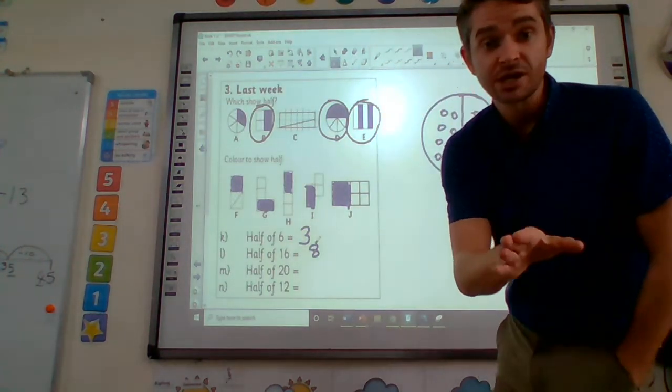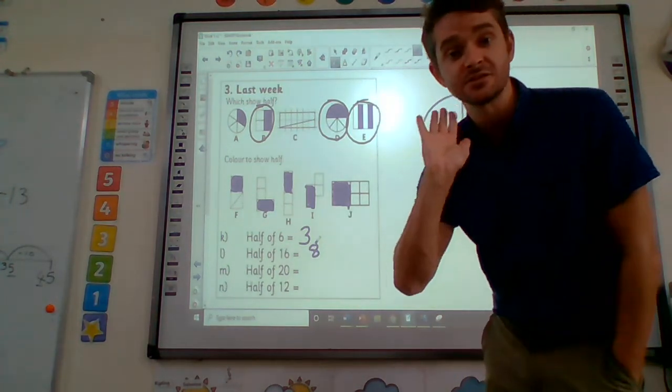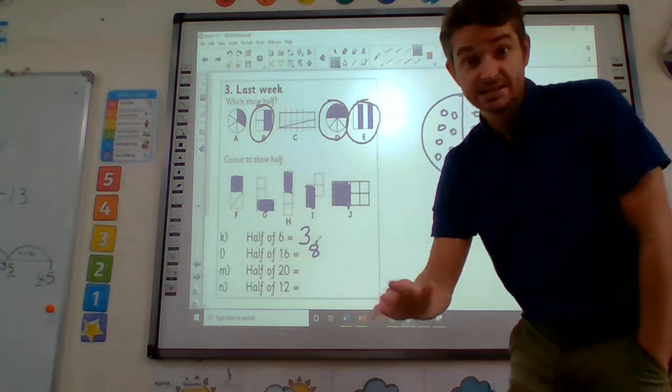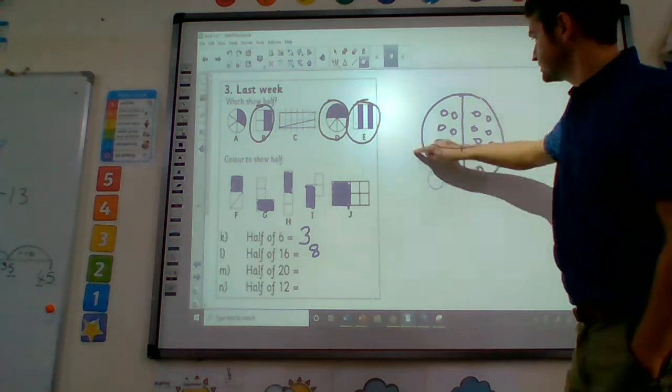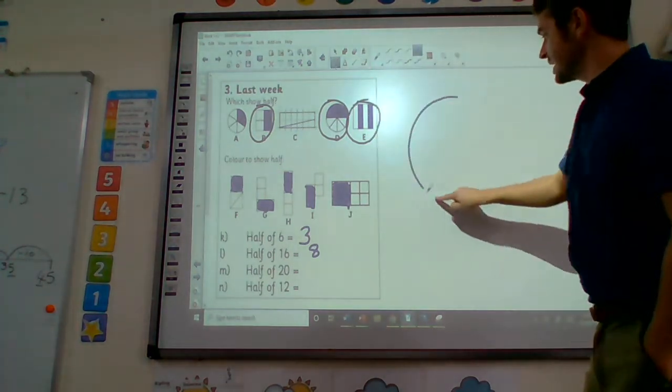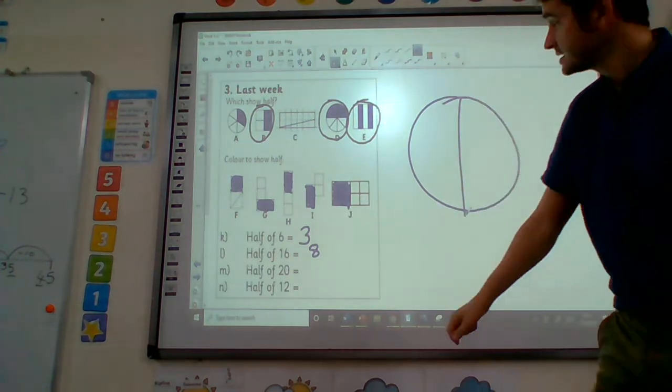There will be some people watching at home who just know half of 16 in their head straight away, and that's fine. That's brilliant. That saves you some time. Half of 20 is the next one. I need to make my pizza nice and big so I can definitely fit all the slices of tomato this time.